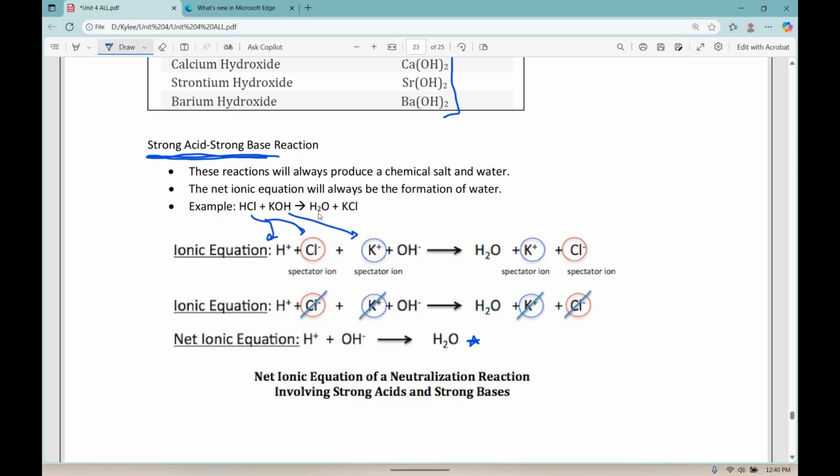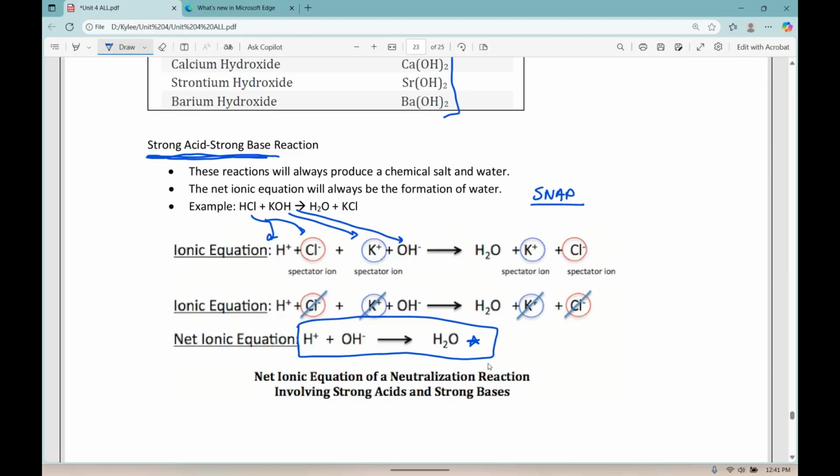And KOH is going to break up 100% of the time. KCl is also going to be separate because remember, our spectator ions are always soluble. And so that allows me to cancel the chlorines and the potassiums on both sides. And what's left is literally H+ plus OH- goes to water.